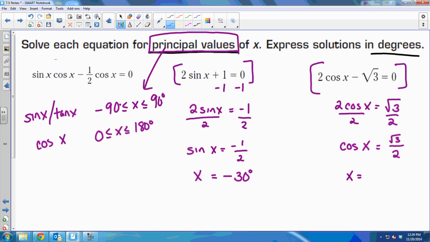And again, it's principal value, so it has to be between 0 and 180. So that happens at 30 degrees. That only happens at 30 degrees between 0 and 180. Everyone okay with that?